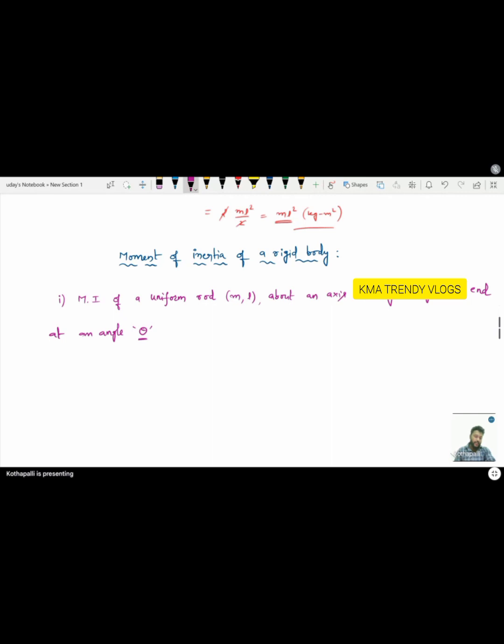Angle theta, passing through the end. About that axis, we need to calculate the moment of inertia.